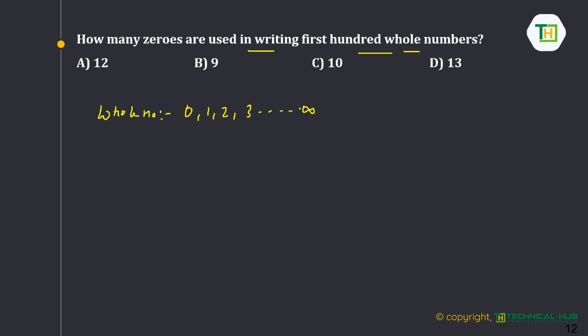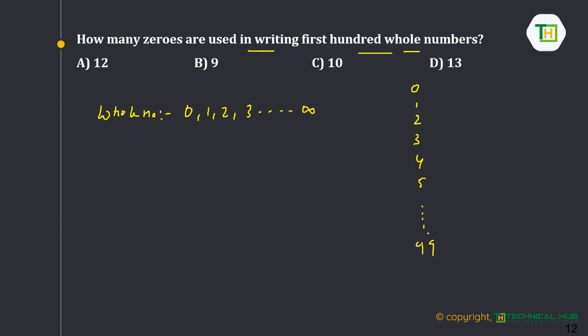So what is it asking? It means 0, 1, 2, 3, 4, 5, and so on up to 99. How many zeros are required to write 0 to 99?